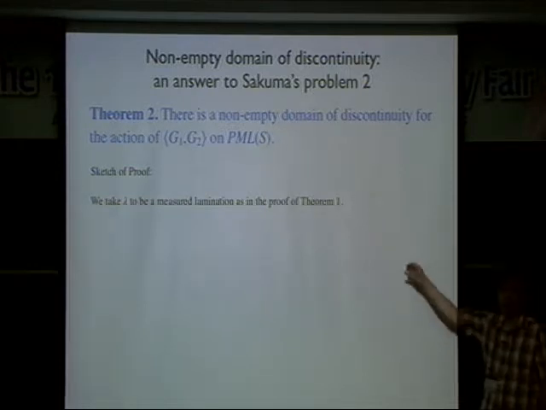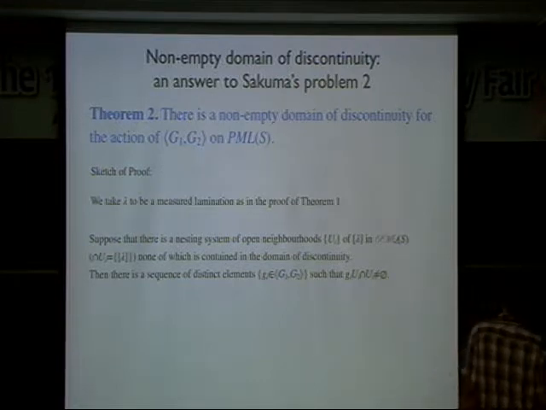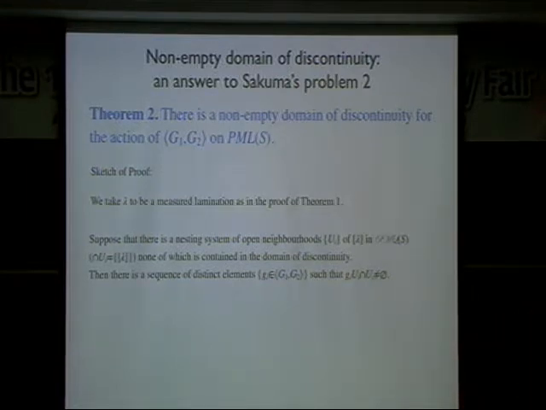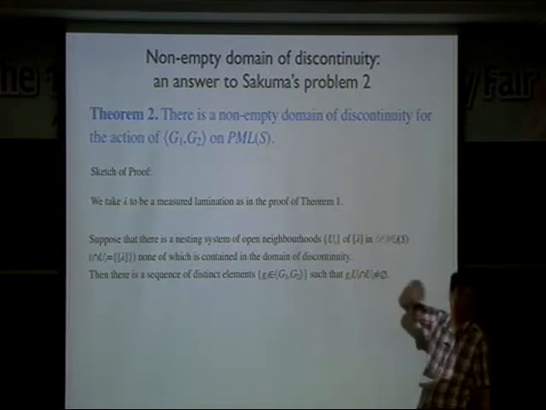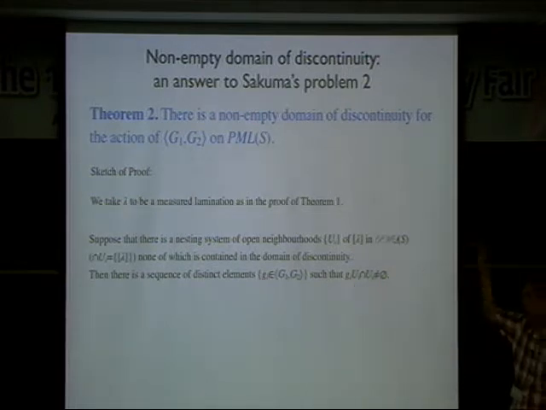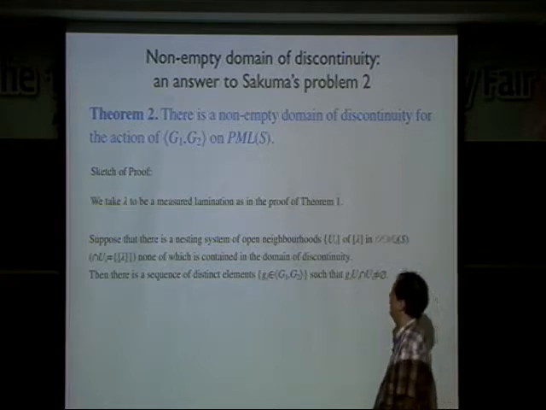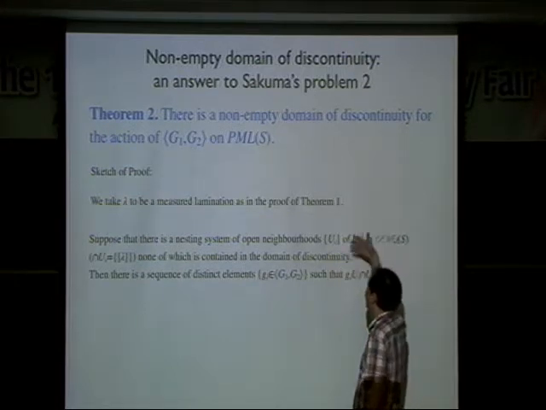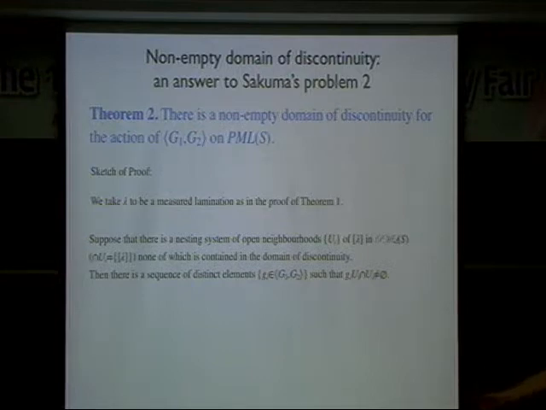So I take such a lamination lambda, and we consider nested open neighborhoods U_i of lambda, so that the intersection of all the neighborhoods is just the one point lambda. What we are going to show is that for sufficiently large i, U_i should be contained in the domain of discontinuity. So the domain of discontinuity is non-empty.